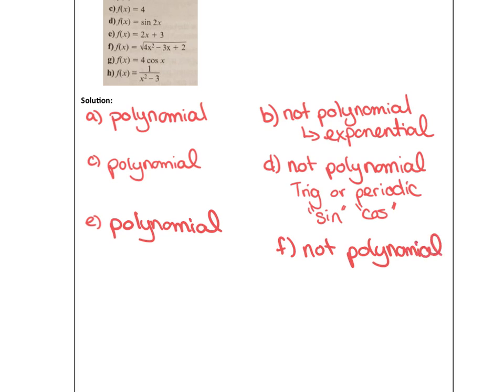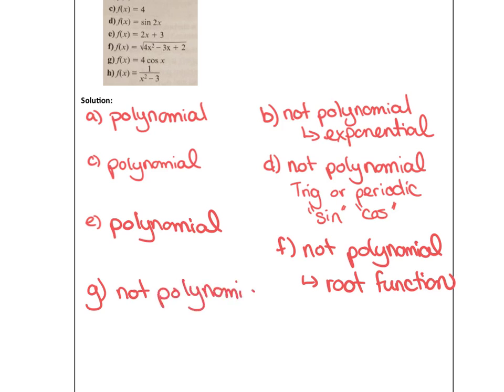It is actually a root function. G, again, this one has a cos in it, so it looks like that trig or periodic, so it is not polynomial, because it is a trig one.